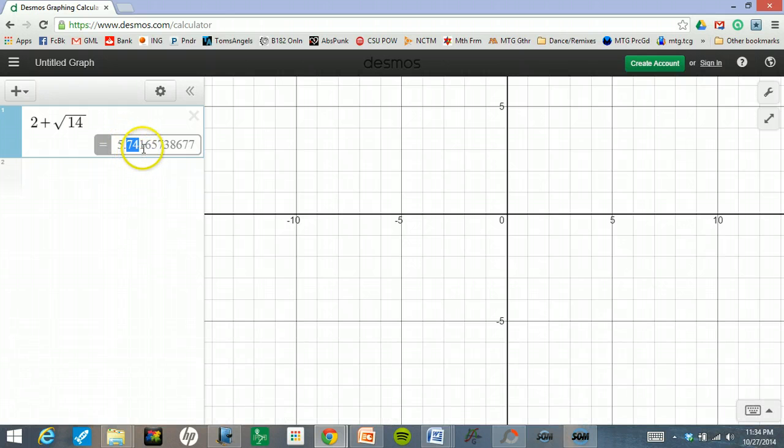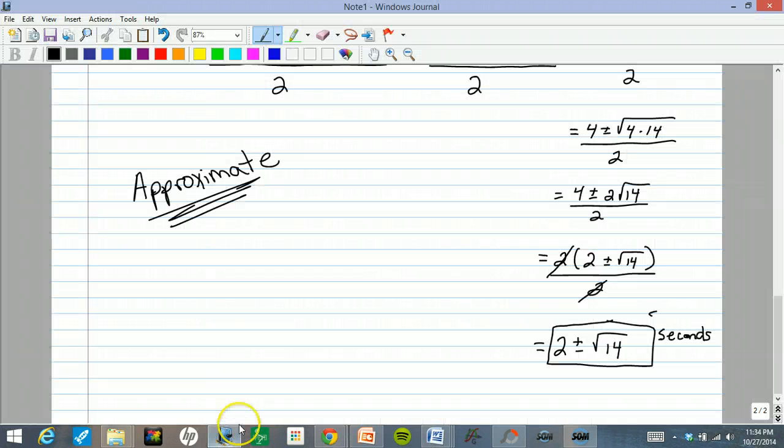Let's grab 2 decimal places. So this is 5.74. So approximately 2 plus the square root of 14 is approximately 2.74 seconds.